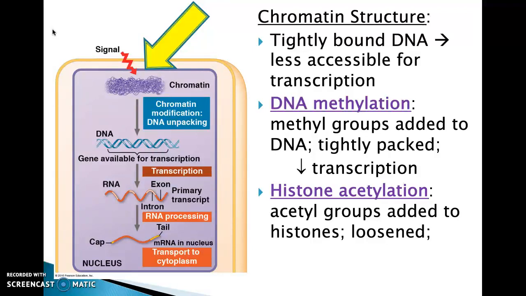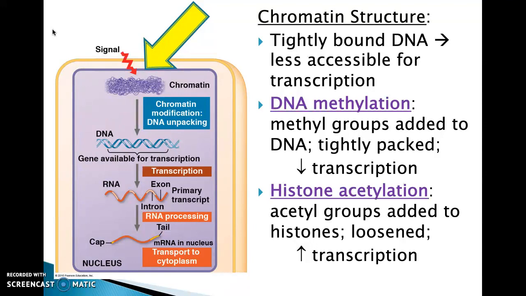Now, when this is added, because it's being added to the protein itself on the N-terminus, there's an increase in transcription, which is different than the methylation to the actual DNA molecule. So these are two different ways of chromatin modification, one of the first control points of gene expression.